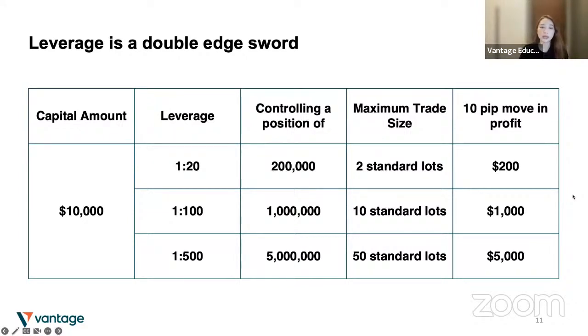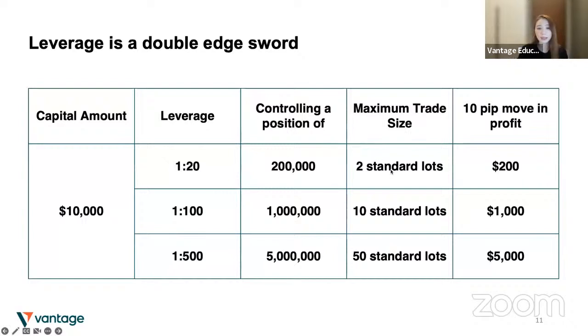Obviously, if your analysis is wrong, it will come back to you as twice or thrice whatever you're losing as well. So leverage is something to be taken care of. Let's say the capital amount is $10,000 and the leverage is in a ratio of 1:20. So you are looking at 10,000 controlling a position of 200,000.